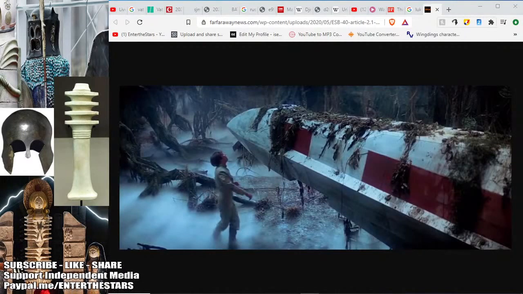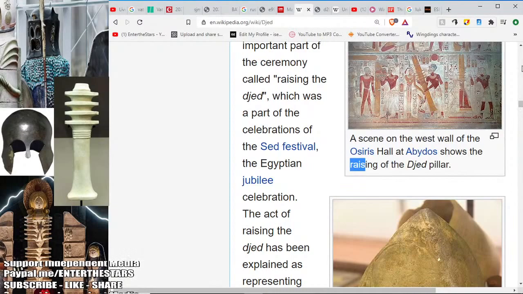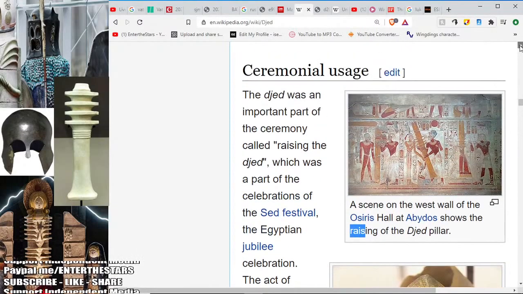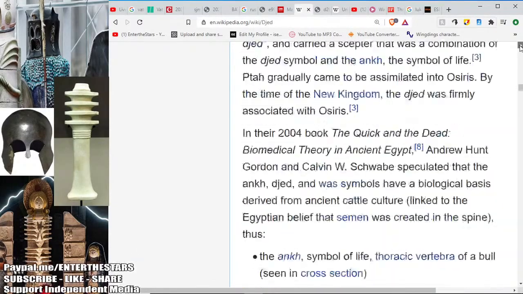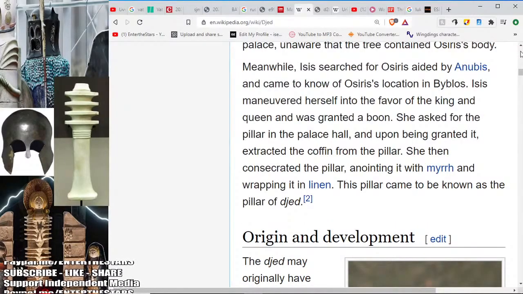So let's keep going with this because there's something really weird. Let's do a side-by-side of these Jeds because I want you to really see that the Jed does in fact look like what's being depicted in this nativity scene.